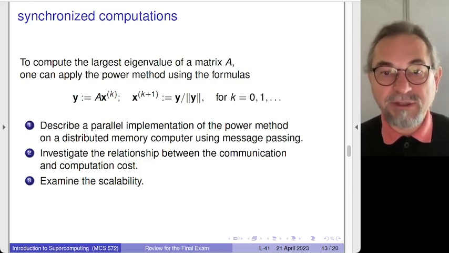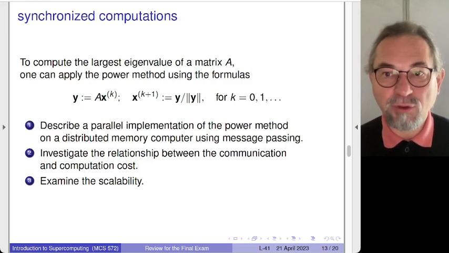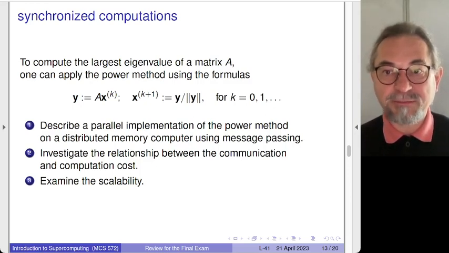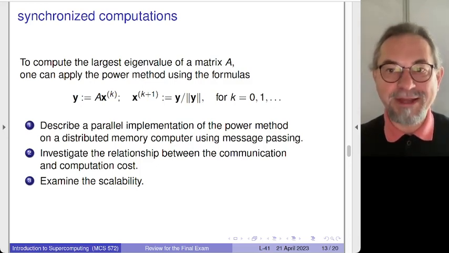So what is now the relationship between the communication and the computation costs? Well, there is the startup cost, so you have to distribute the matrix among all the workers.